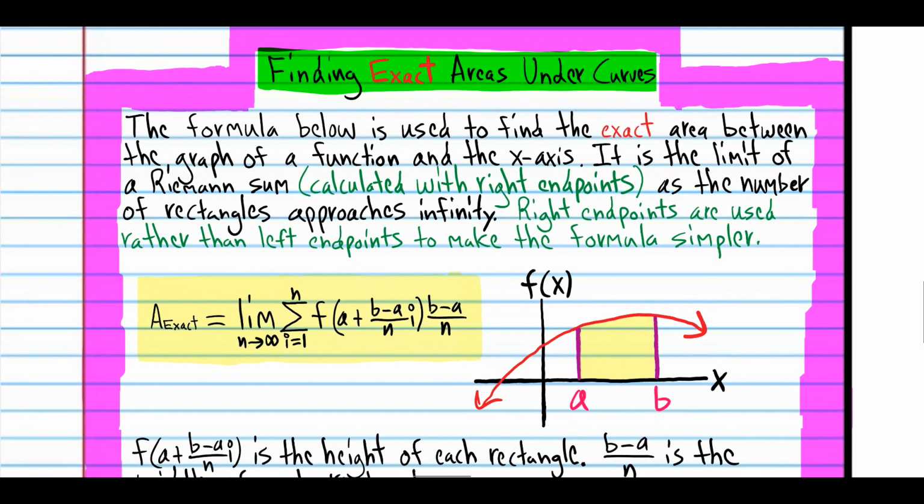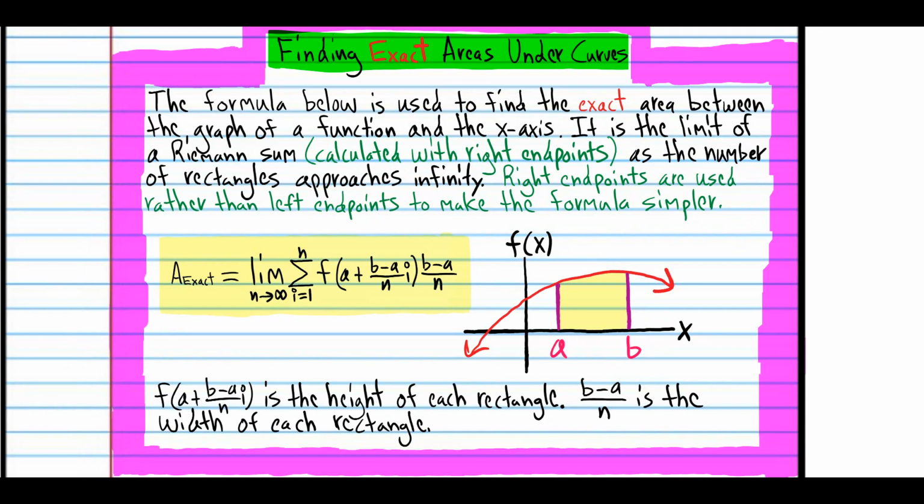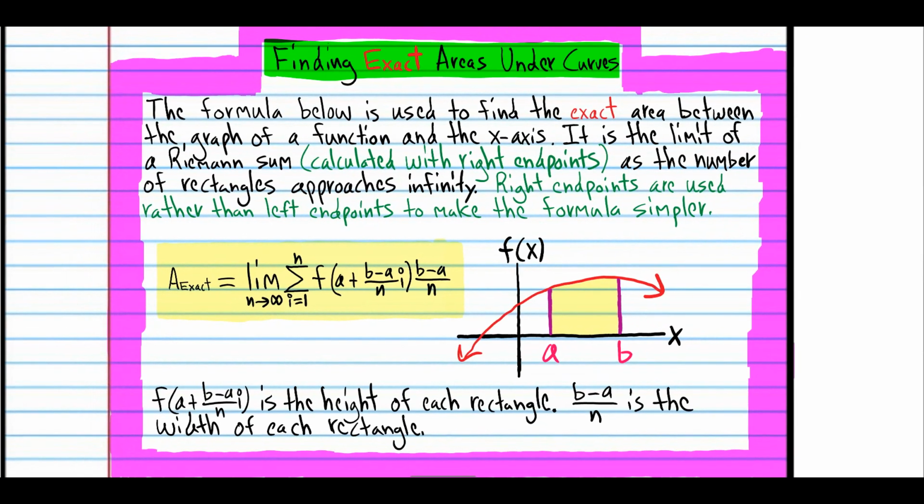So a lot of people are pretty proud of this because they consider it to be adding an infinite number of areas. You're adding the areas of an infinite number of rectangles. But that statement doesn't really make sense because there's no such thing as an infinite number, because infinity is not a number. So that's how mathematicians like to think about this, but you can see that it's really not that complicated.